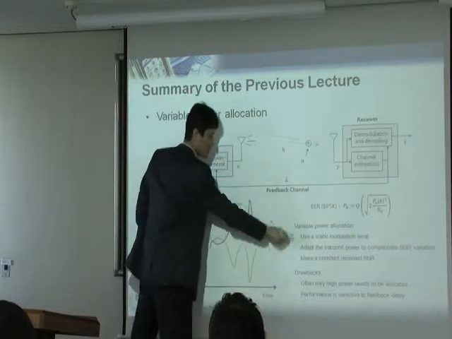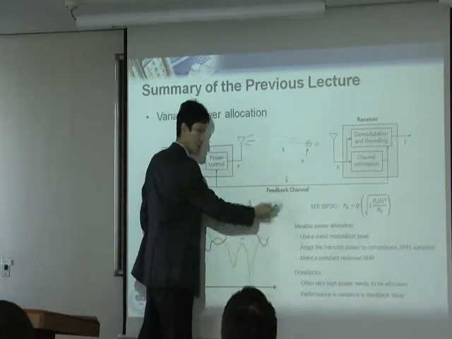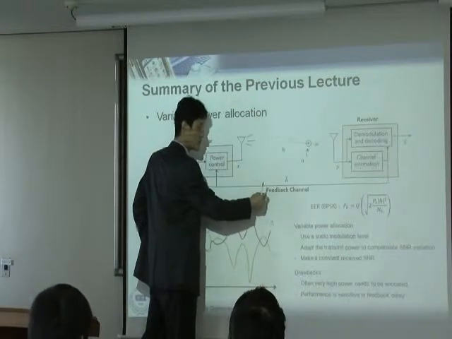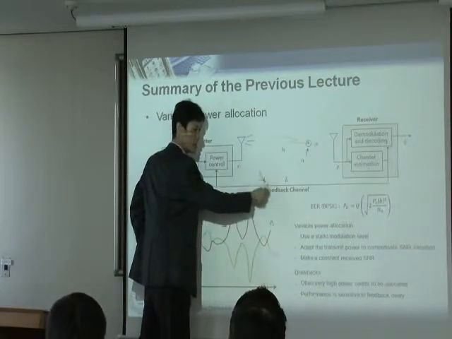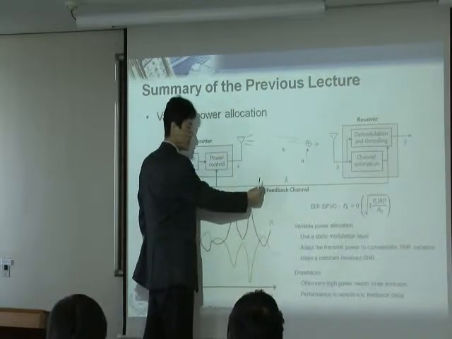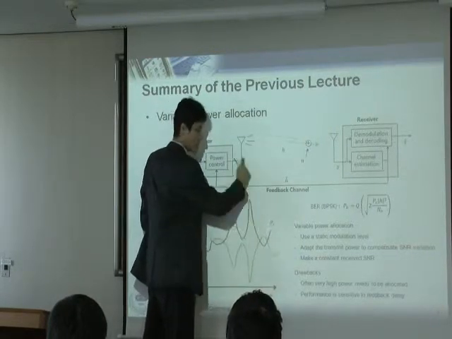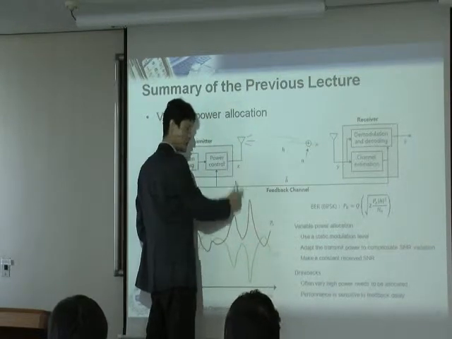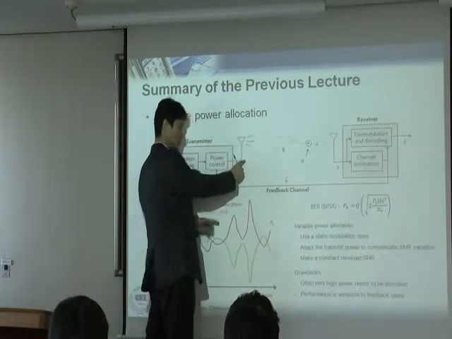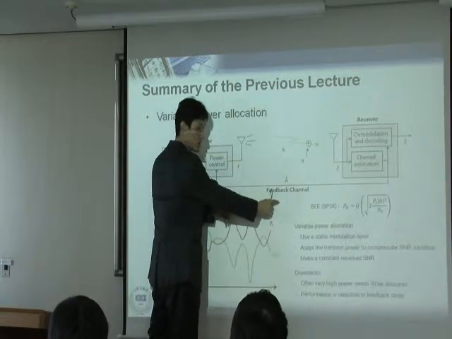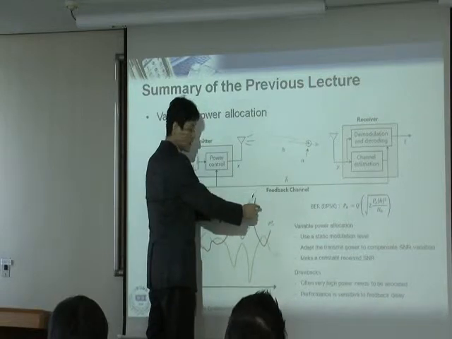Then here is the symbol error rate for QPSK, right? By doing the power control, basically you change the operating point from here to here. If you don't do the power control, then when the SNR is low, your operating point is somewhere here in the low SNR region. But since you allocate the high power, your operating point is now changed to here, right? So the cost is power.